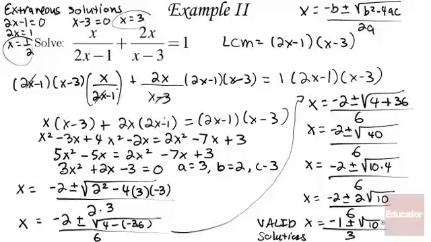The other valid solution is that x is going to equal negative 1 minus the square root of 10, and both of those divided by 3. Okay? So although I didn't go back and find the exact value and plug it in, I know that just looking at this, it's not going to come out to either of the x values that will make this invalid or extraneous.